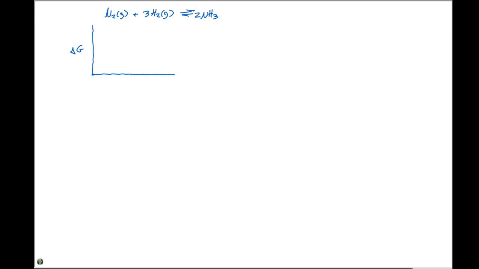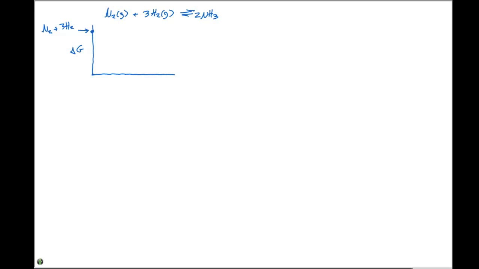Initially, if we have a point right here, we're going to pick an arbitrary point. At this point that I've noted, it's going to be nitrogen gas plus 3 hydrogen gas. This is before the reaction takes place. Remember that if a reaction goes forward, there needs to be some kind of driving force. And typically when you're looking at a spontaneous process, you're going to reach equilibrium.